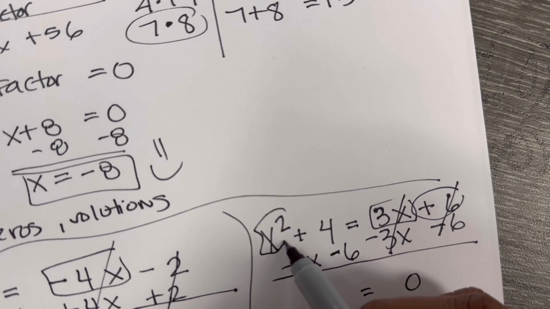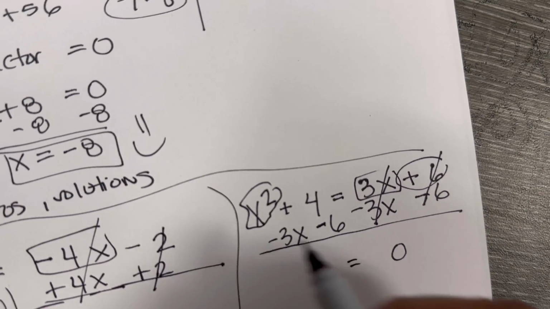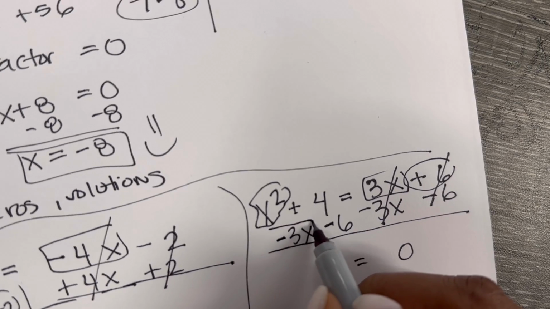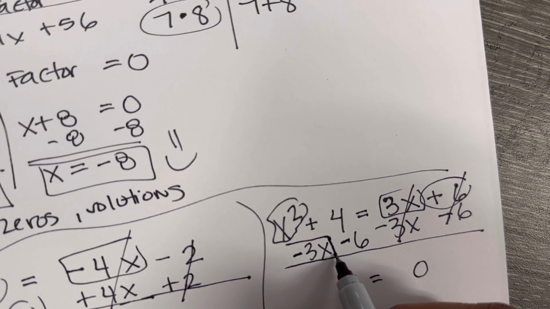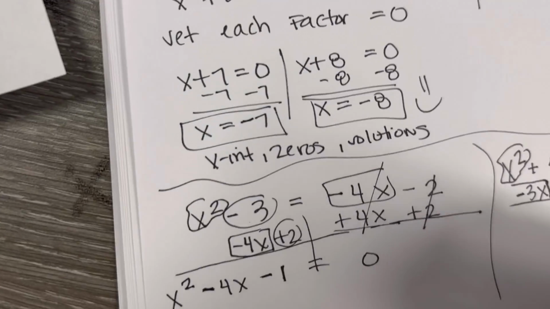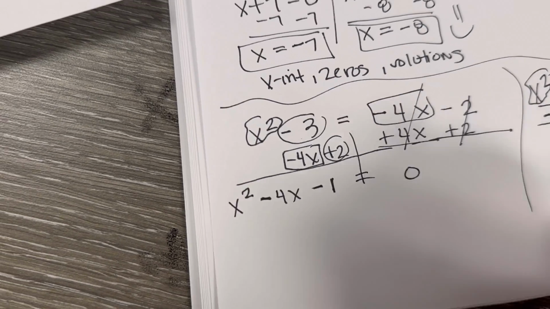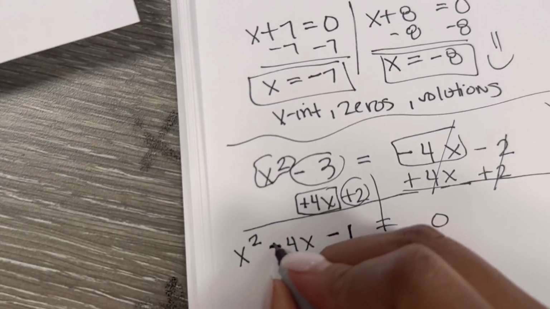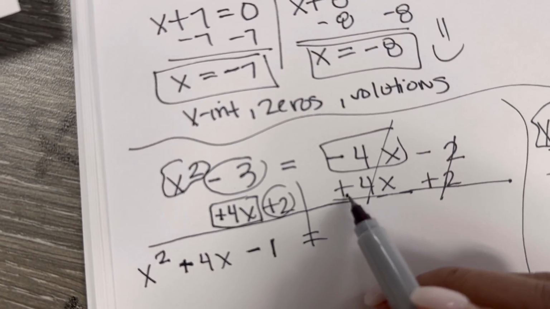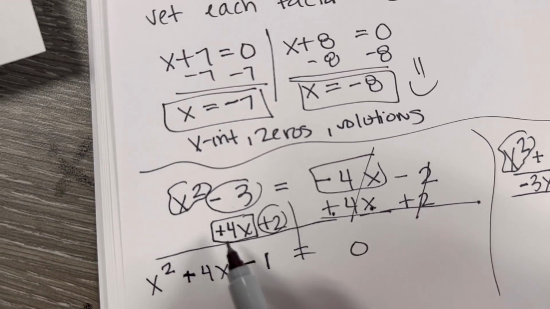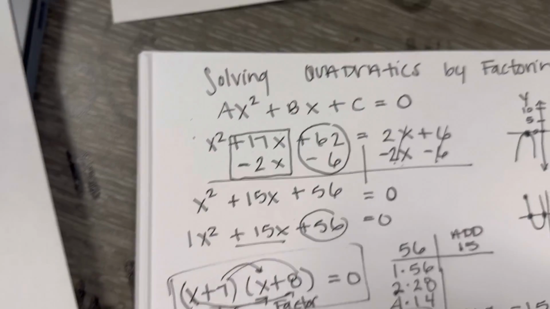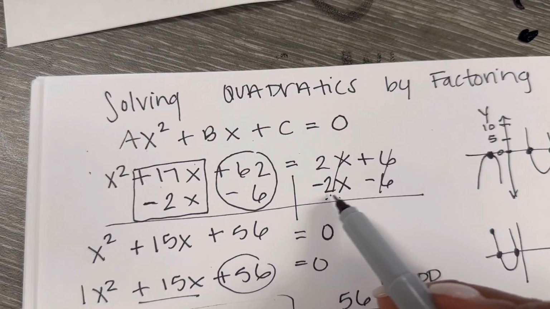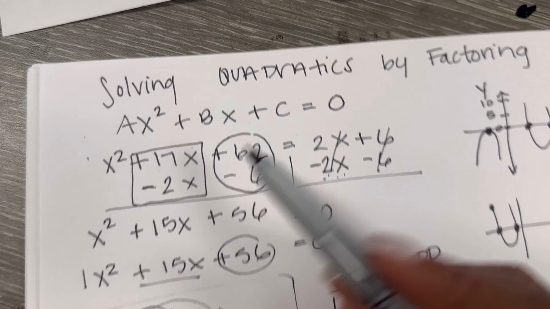There's its own term, x squared. This is the only x term. Oops. I meant to put plus 4 over here, excuse me. If you add 4x over here, you have to add 4x over here, just like over here. If you subtract 2x here, you have to subtract 2x here.